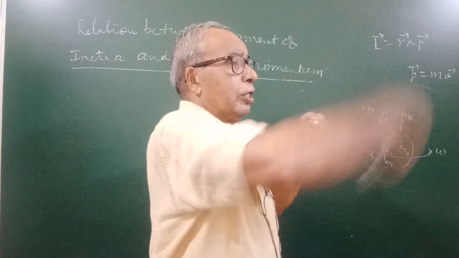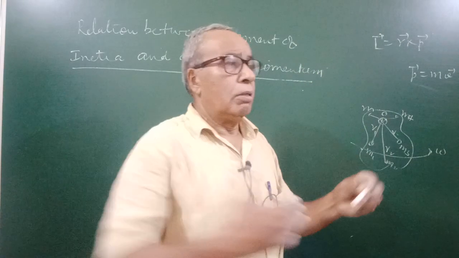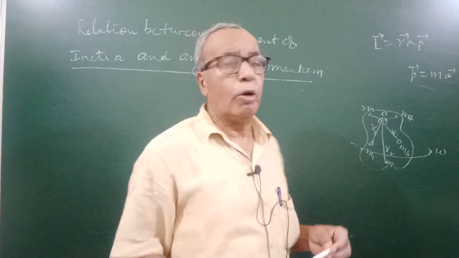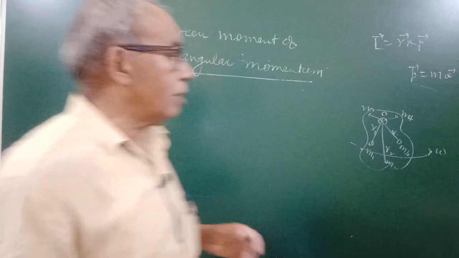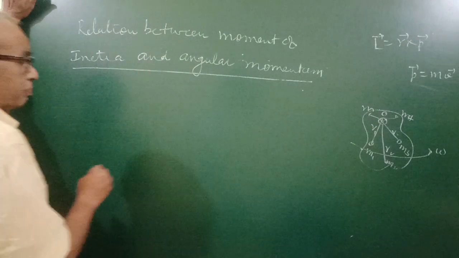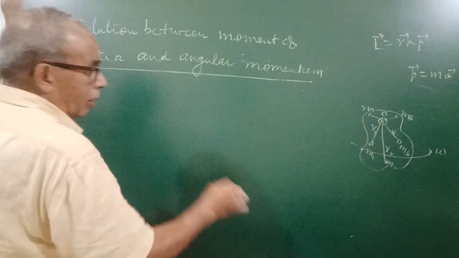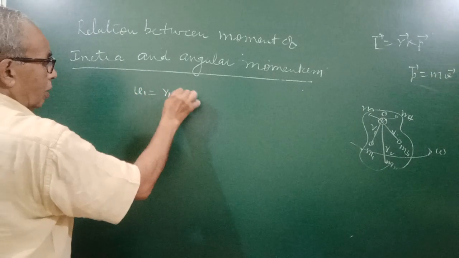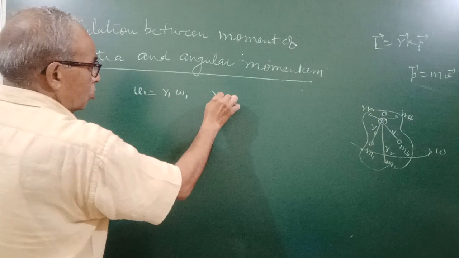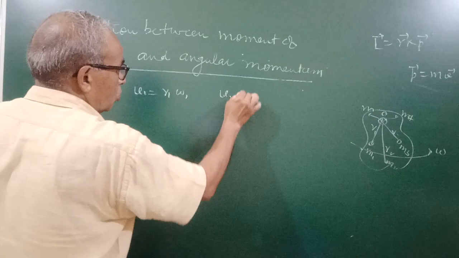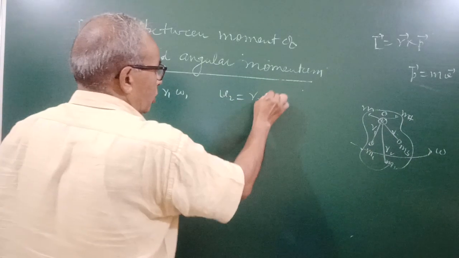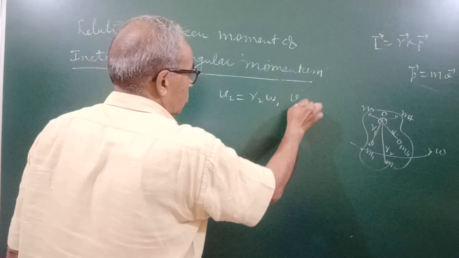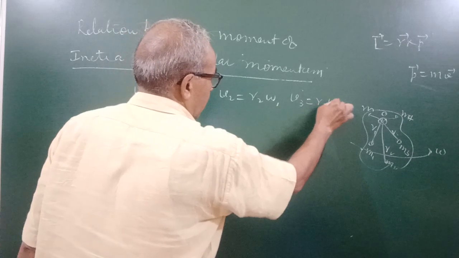You know, when you rotate something like a wheel, the cycle will rotate about an axis, so that axis is the rotation axis. So here angular velocity omega. So v1 is equal to r1 omega. I am writing directly: v2 is equal to r2 omega, v3 equal to r3 omega, and so on.